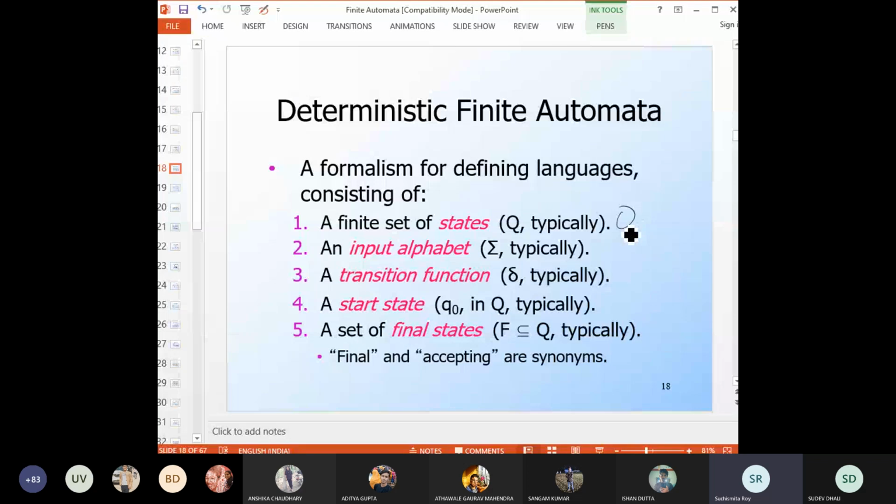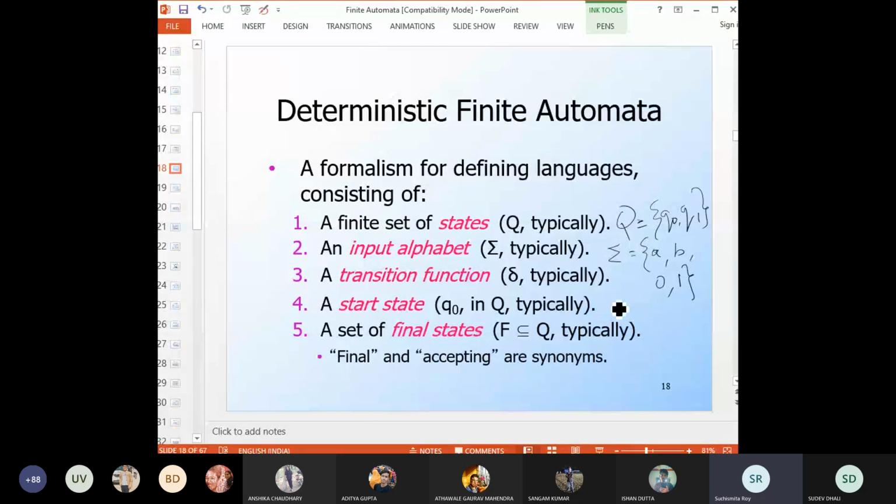So Q might look something like Q0, Q1, comma. So this is a set, or there could be more. This is typically how you represent the set of states, where the states are named Q0, Q1, etc. Similarly, input alphabet sigma, you might show it as a, b, or if you want to include more characters, say 0, 1 also. So this is a set.